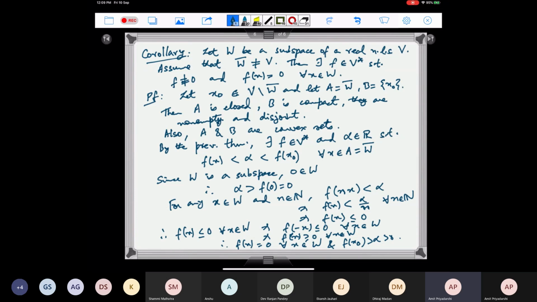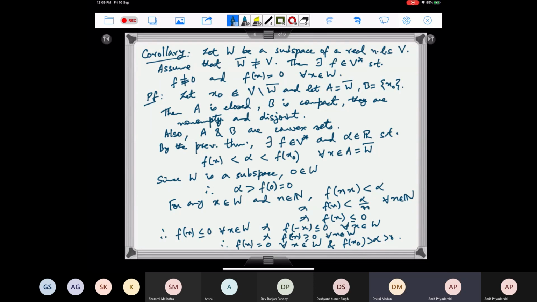Say W is just the x-axis, right? And if I want to extend it, you said that we will extend it to any basis and then make it 0 on the rest. So suppose I take the basis to be E1 and E1 plus E2.